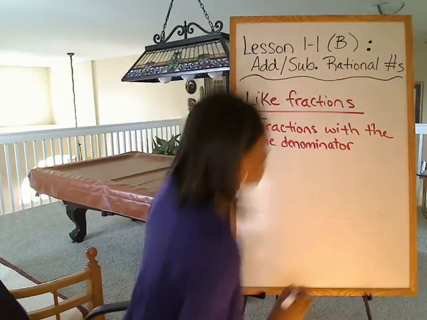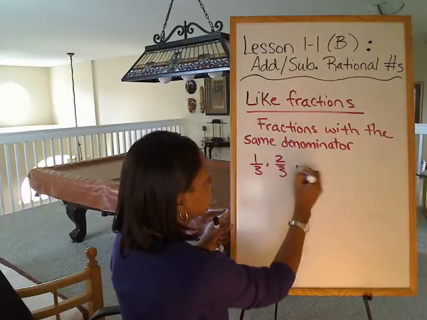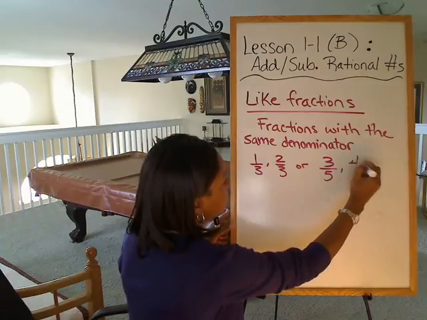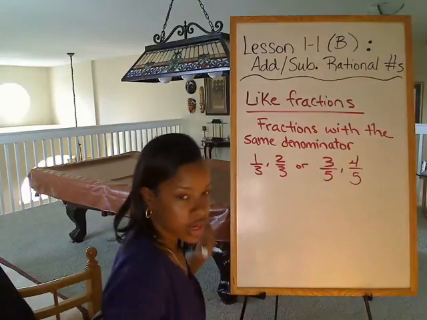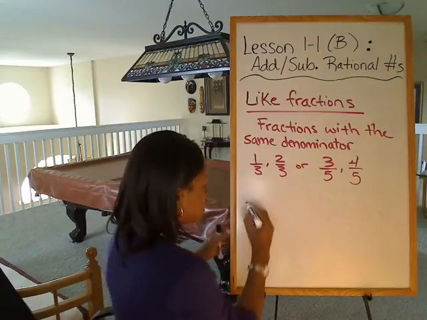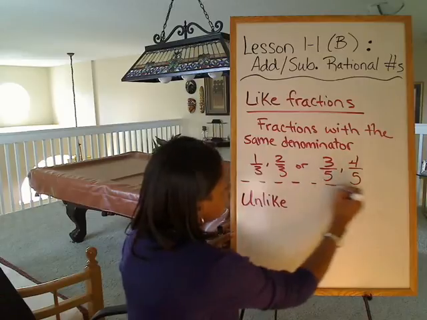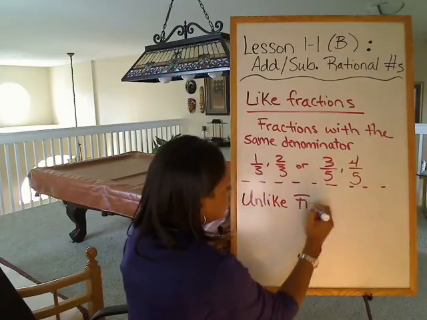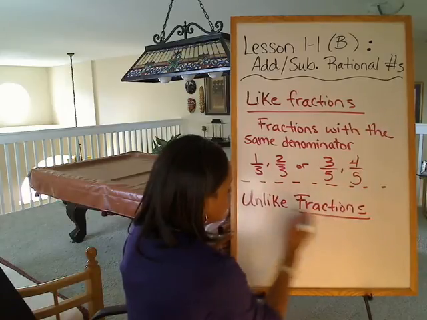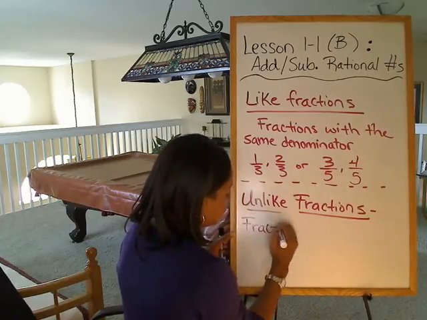So in other words, like fractions would be like 1/3 and 2/3, or 3/5 and 4/5. Any fractions that have the same denominator are called like fractions. Then you have unlike fractions. Unlike fractions are fractions with different denominators.